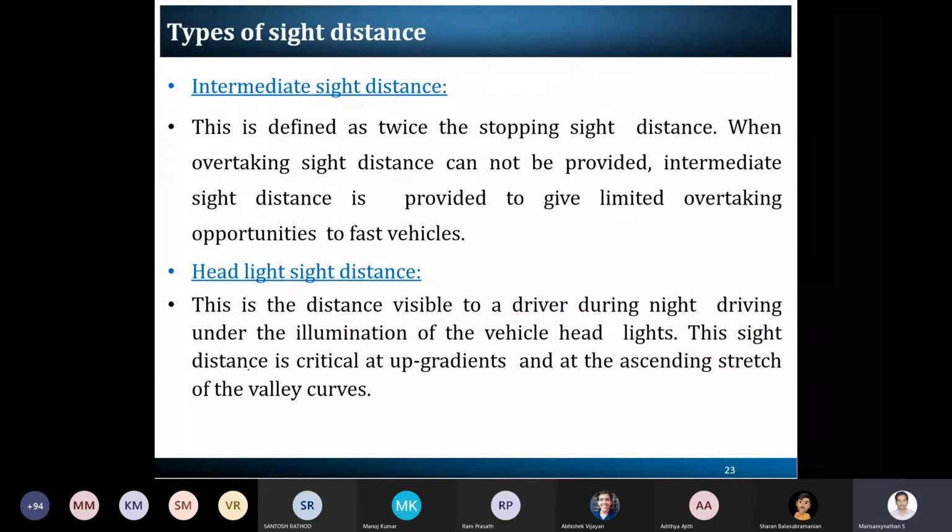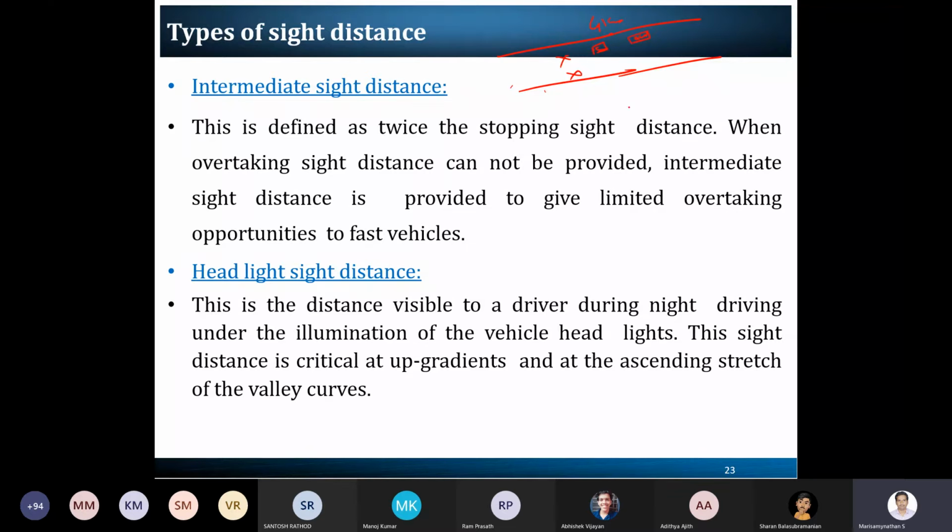Then the intermediate sight distance. Somewhere overtaking is not possible, right? On some road corridors, the corridor might extend for 4 or 5 kilometers, but a small 30 kilometer per hour LCV is traveling and a car is following.